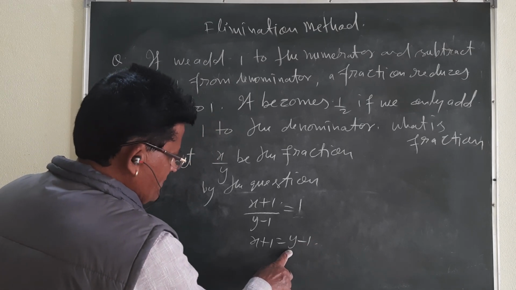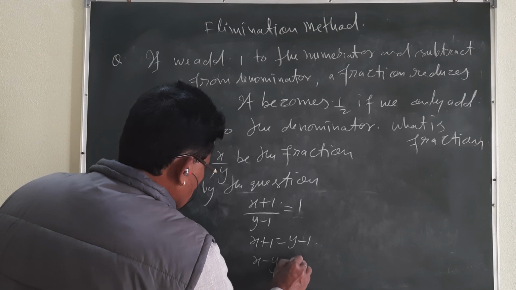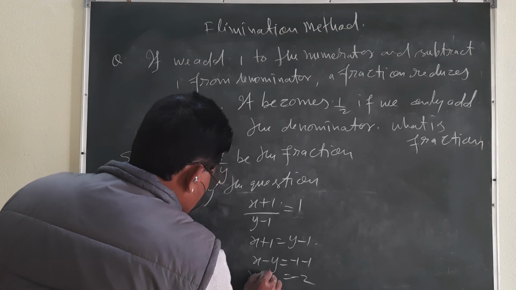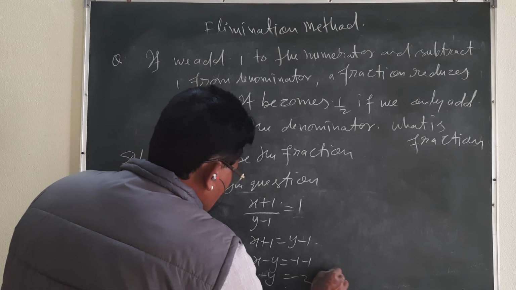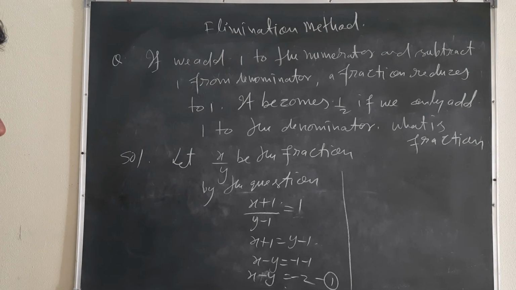You take y from the left side to the right side, and 1 from the right side to the left side. x minus y will be equal to minus 1 minus 1, that will be minus 2. It is equation number 1: x minus y is equal to minus 2.